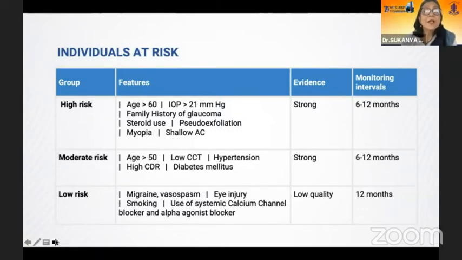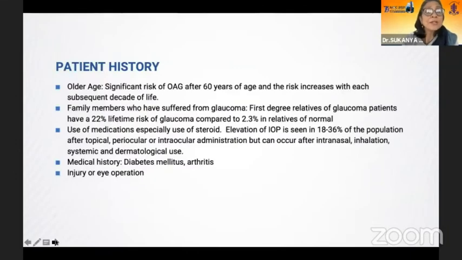Other risk factors are family history of glaucoma, those patients who have used steroids, pseudo-exfoliation, the presence of myopia or shallow AC. These are very significant risk factors. And another risk factor is, of course, diabetes mellitus. A host of risk factors have been found, but their association is not as strong as the ones I have just mentioned.